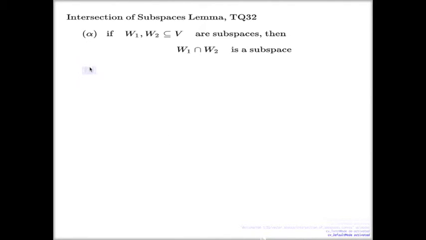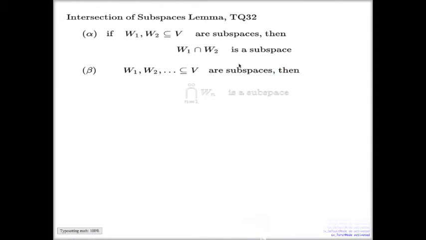The lemma has a second part as well, which just tells you if you have not just one, but a whole sequence of subspaces, W1, W2, W3, W4, and many others, all of them subspaces, and you take one huge intersection of those, one single common part between all of them, that will be a subspace as well.